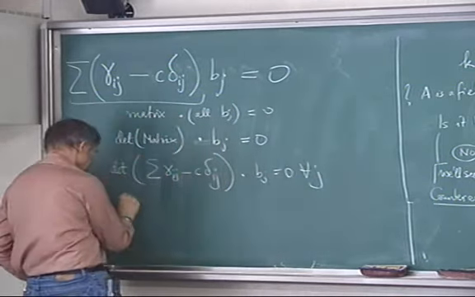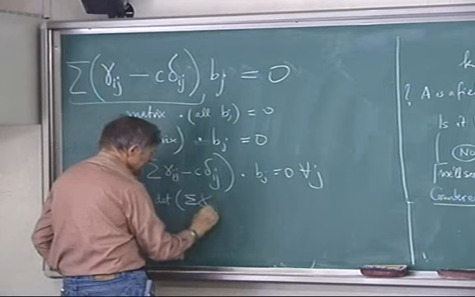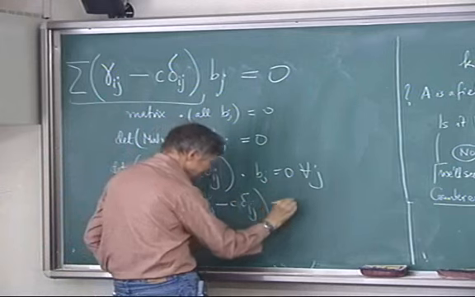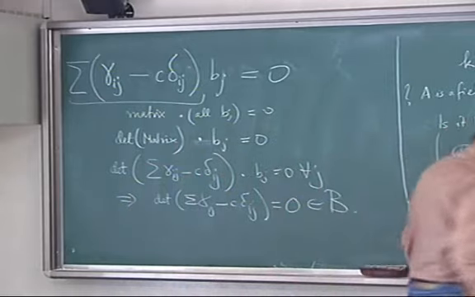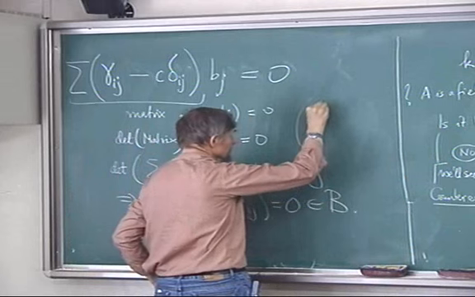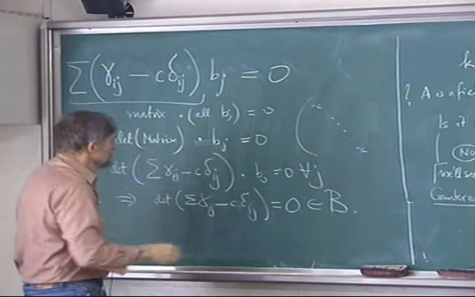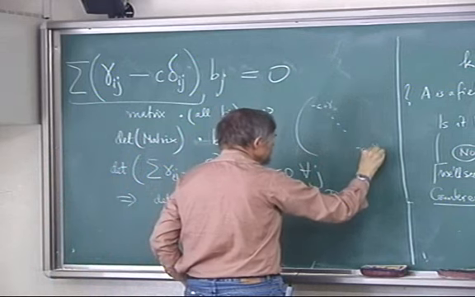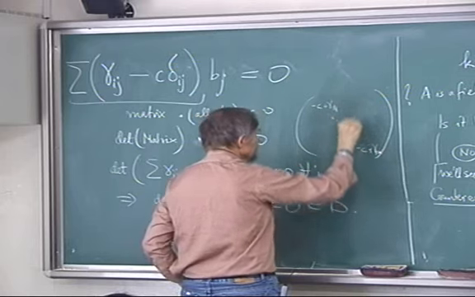Right, and then this implies that this determinant sigma gamma ij minus C delta ij is 0 in B. And so this is a matrix now with minus C's down the diagonal. I'm sorry, minus C plus gamma ii. And then gamma ij here.